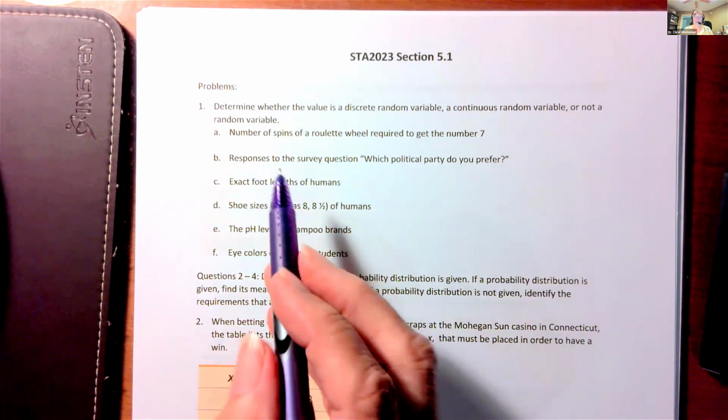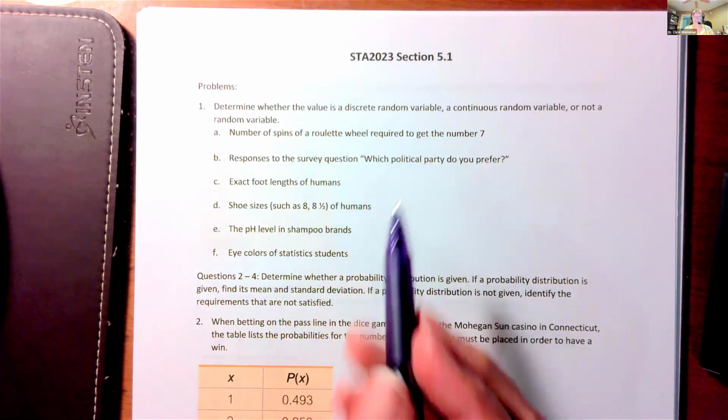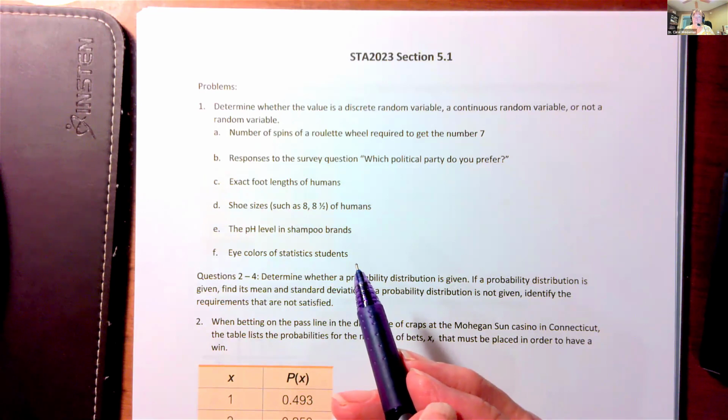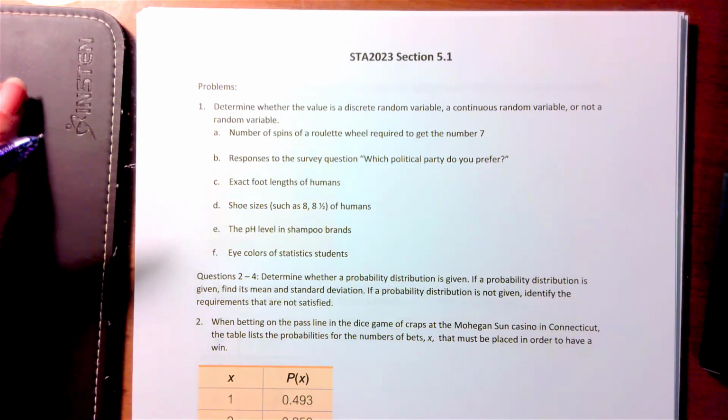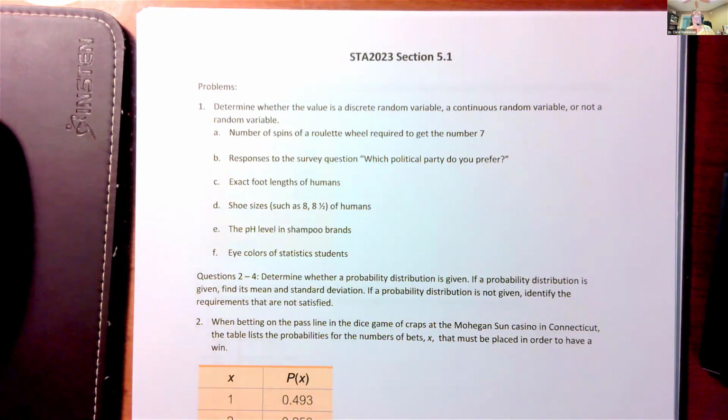So think about this. If we're spinning the roulette wheel, what kind of outcomes would you expect in order to get the number 7? What kind of outcomes are we talking about? Anybody want to try? What kind of outcomes would you get? Numerical? Yeah, numerical, right. Because it might take you 2 spins, it might take you 500 spins, but they're going to be numerical. So it is a random variable.